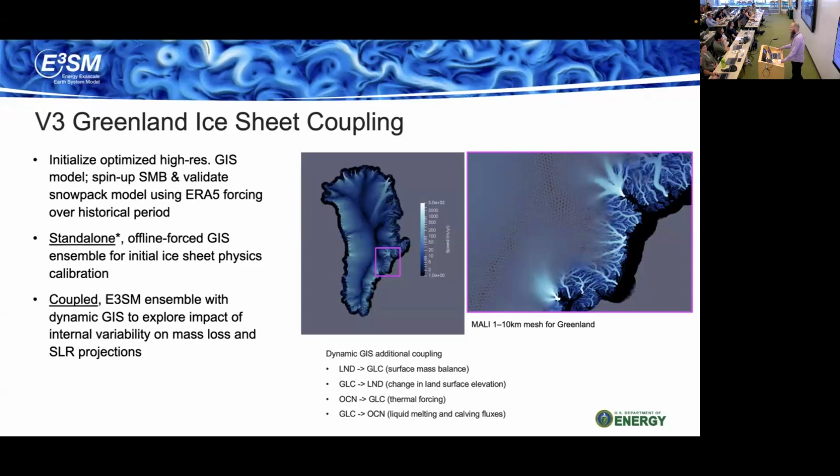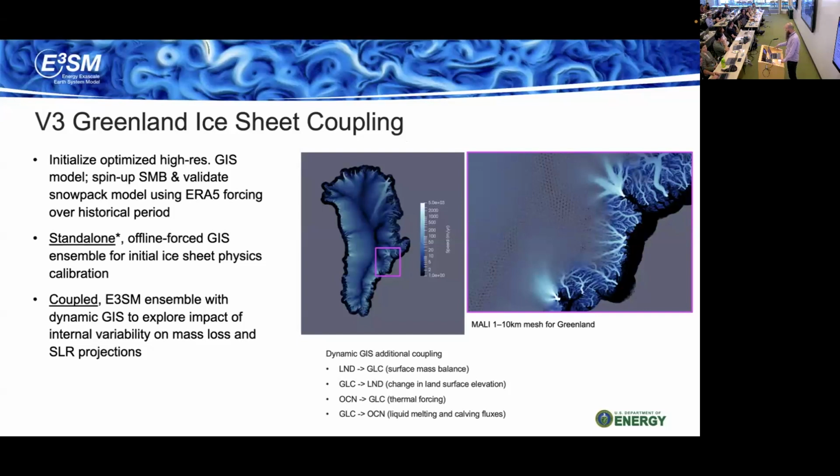The main reason that Greenland is significantly easier than Antarctica is that the ice sheet is generally not marine terminating, so you don't have these ice shelves. The ice sheet will terminate in fjords, but those are not going to be resolved by the ocean model anyway. So it's a much easier boundary condition between the land and ocean, where you don't have evolving footprints of the ice sheet.